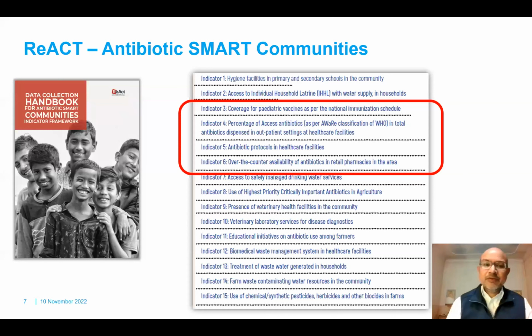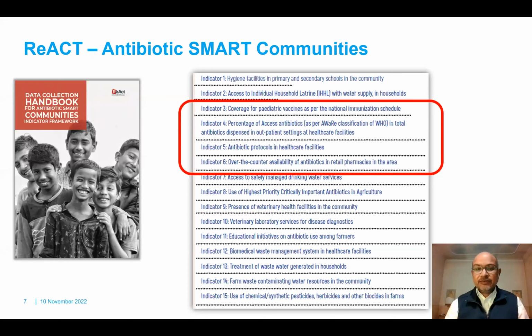I have highlighted 4 critical health-specific indicators: coverage for pediatric vaccines, access antibiotics as per the AWARE classification being available in healthcare facilities, antibiotic protocols in healthcare facilities, and lastly, over-the-counter availability of antibiotics. So these are some of the critical indicators ReAct has identified, and I fully align with these indicators because there is great need and necessity to address these issues.